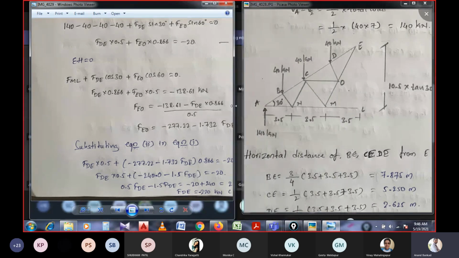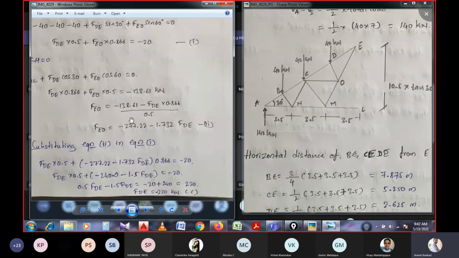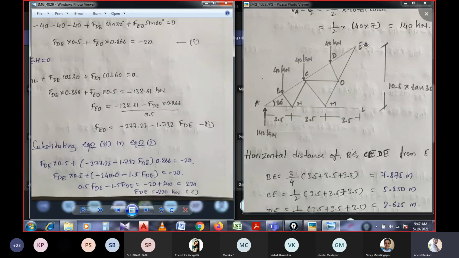So as the problem statement is given, the force in the member FDE is asked, FEO is asked, and apart from that FEL and AL. In these terms we have now determined FDE.